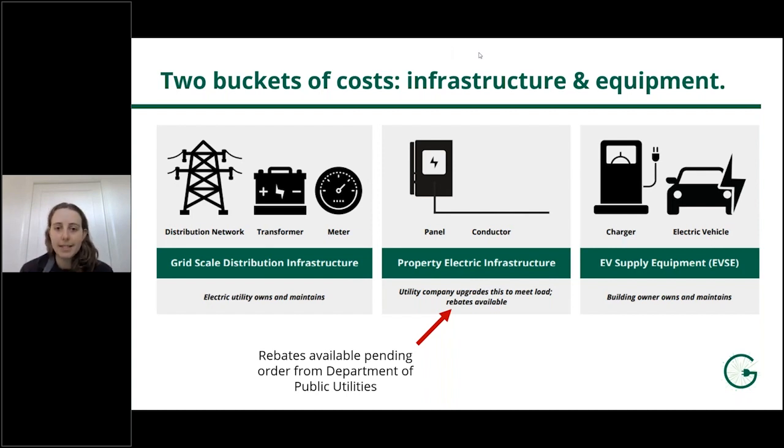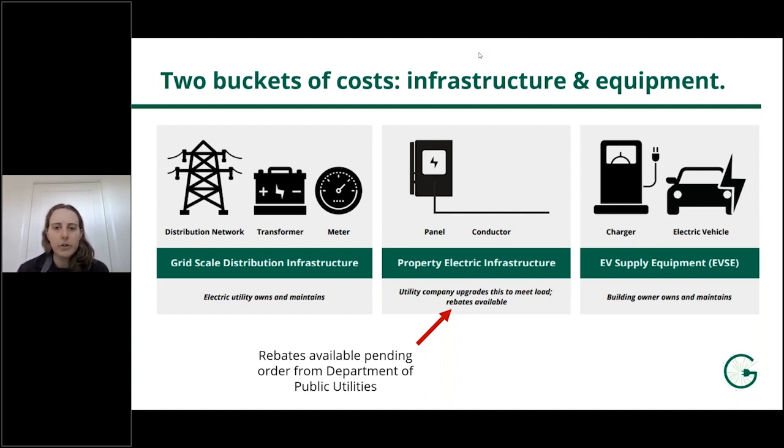So up until now, in both Massachusetts and Rhode Island, electric utilities have offered help on the property electric infrastructure front through a program called Make Ready, where basically the electric utility has previously, and will hopefully again soon, covered the costs at multi-unit dwellings for the upgrades that you need to actually bring electrical service to the charging pad.